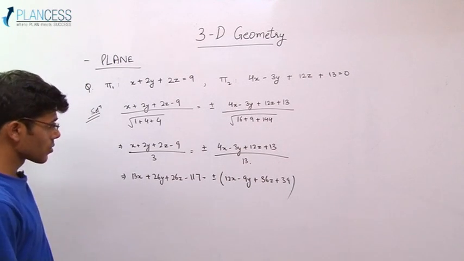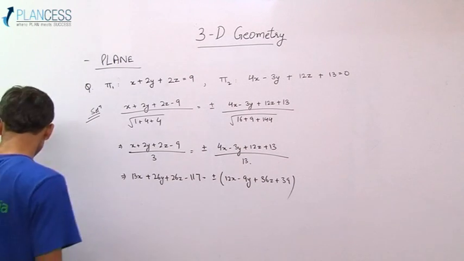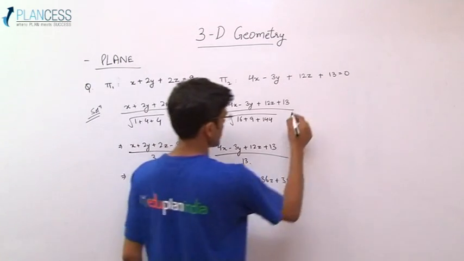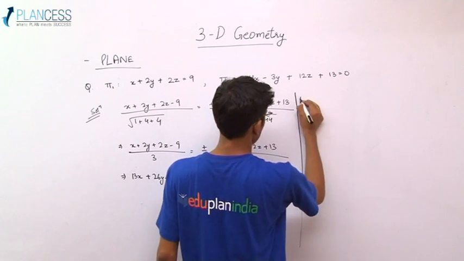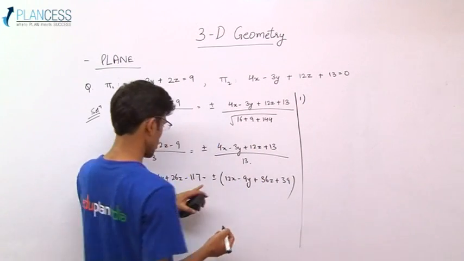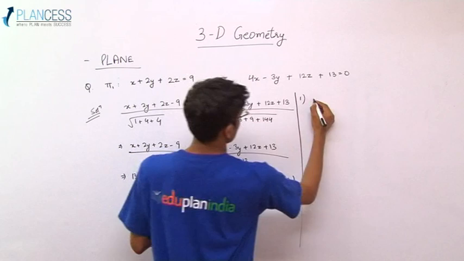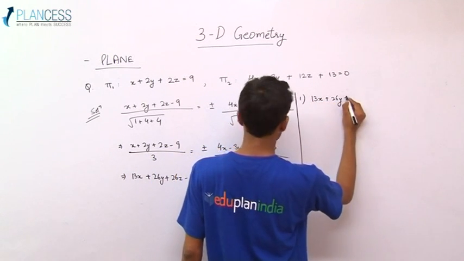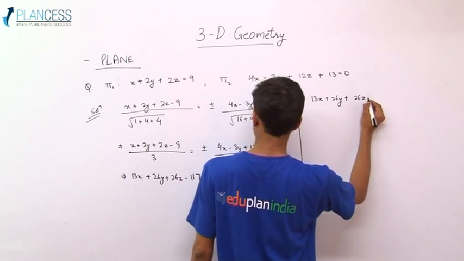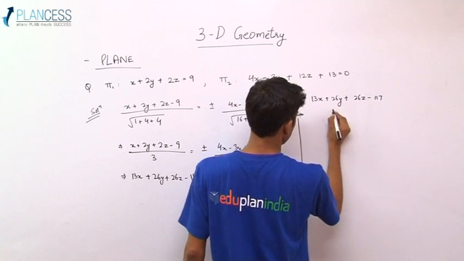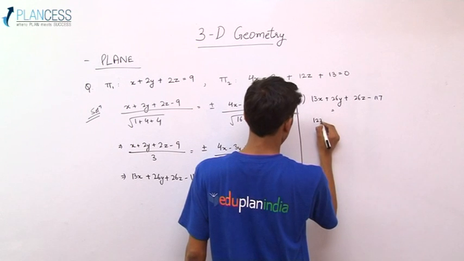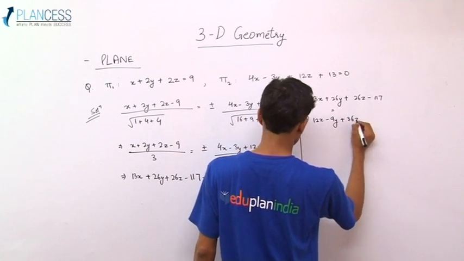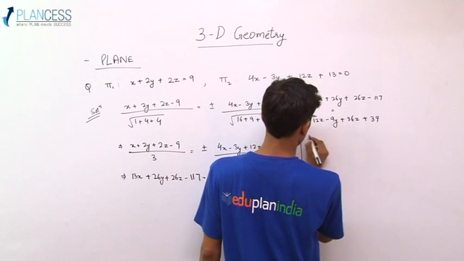Okay, so now let's take both the cases. Say case 1, keeping the positive sign. So if there is positive sign, the equation is 13x plus 26y plus 26z minus 117 is equal to 12x minus 9y plus 36z plus 39.